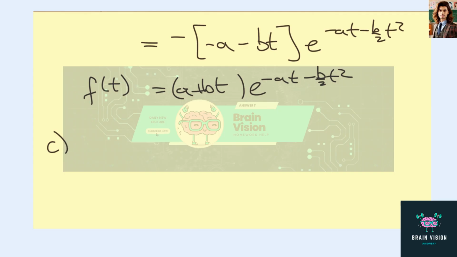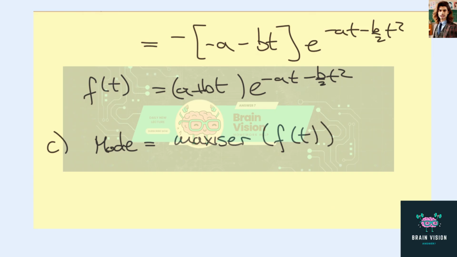And so the mode of the distribution is going to be the maximizer of f of t. Now if we want to work out what that is, let's get df by dt equals 0.